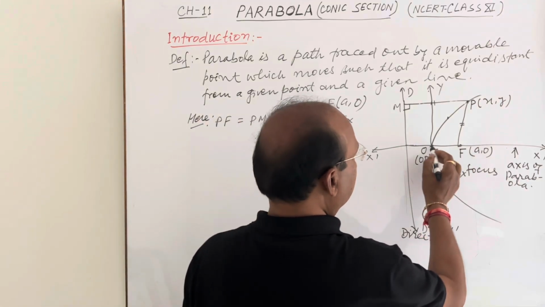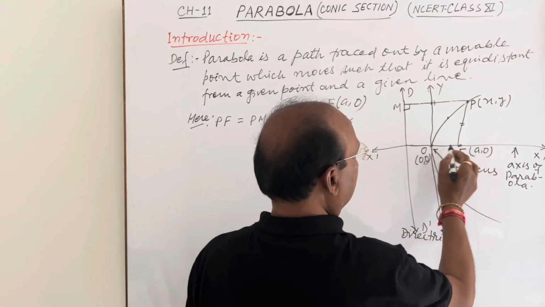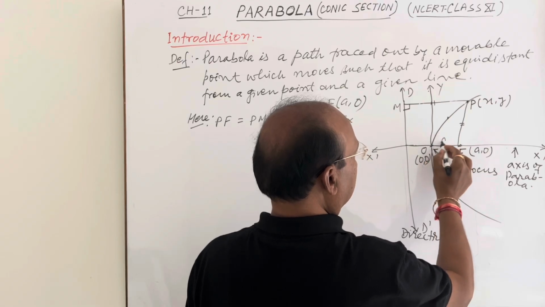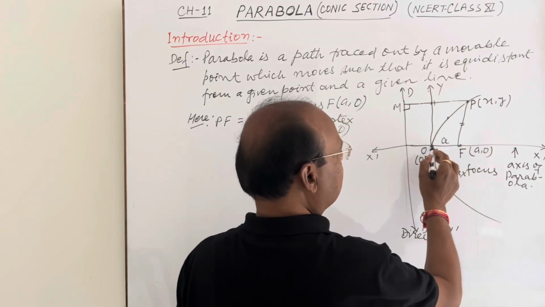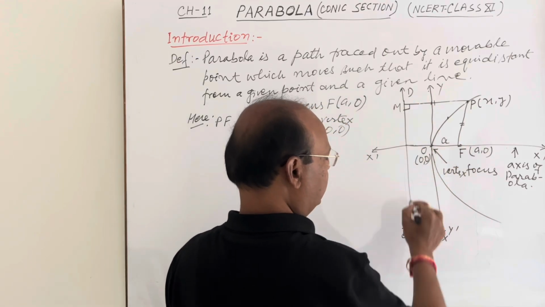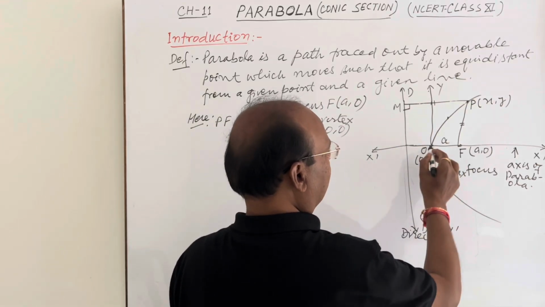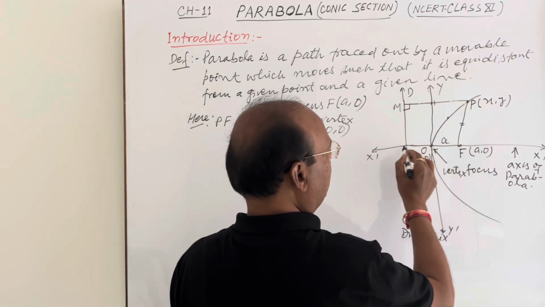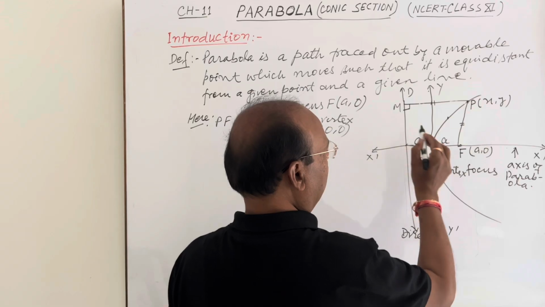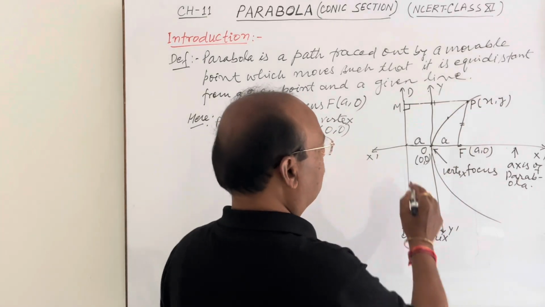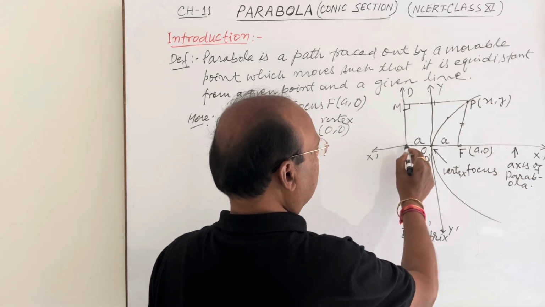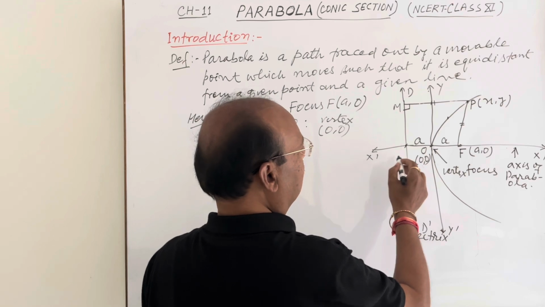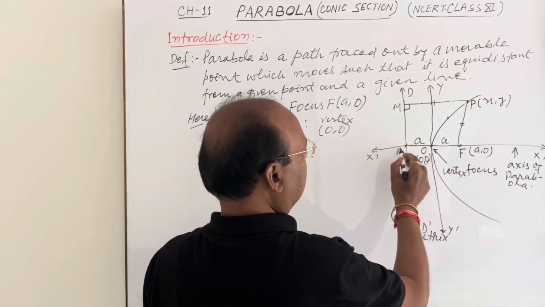So if the distance OF is a, then the distance of this directrix DD dashed from this vertex or origin will also be a. So what will this coordinate be? Let us write B here.